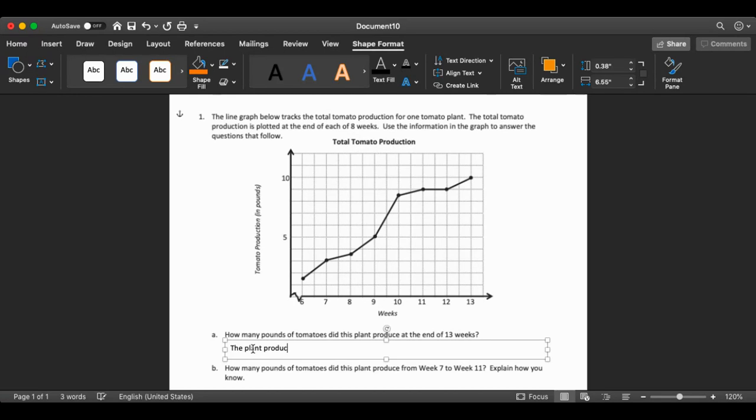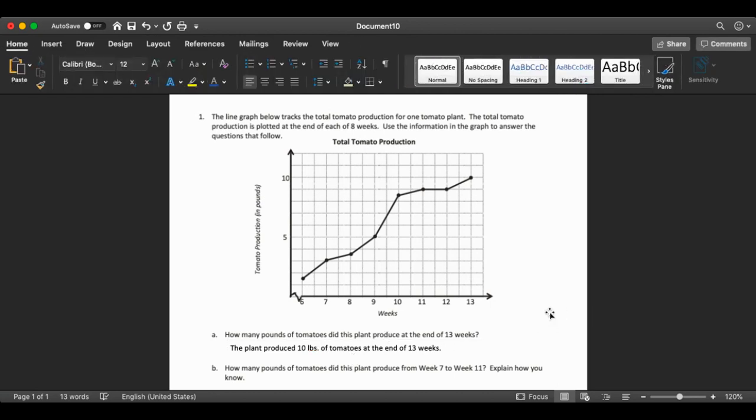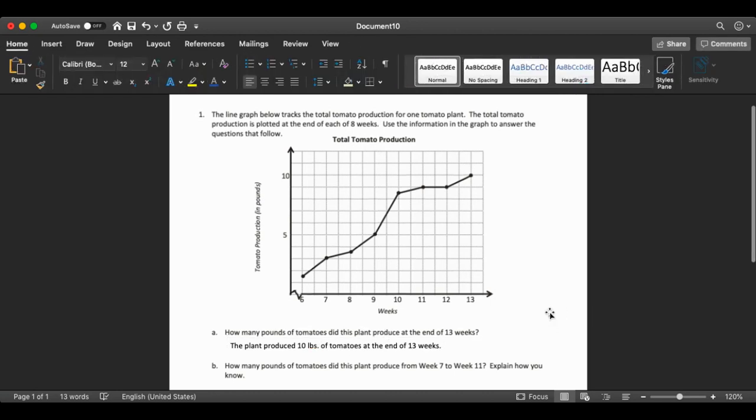We're starting off with an easier question. All right, that one was easy enough. Let's look at part B.